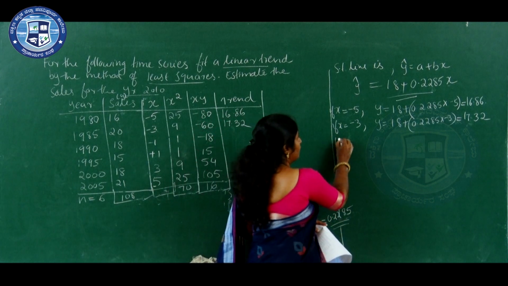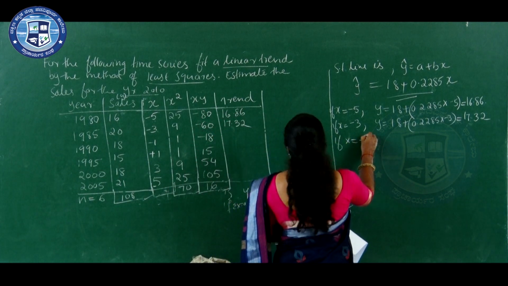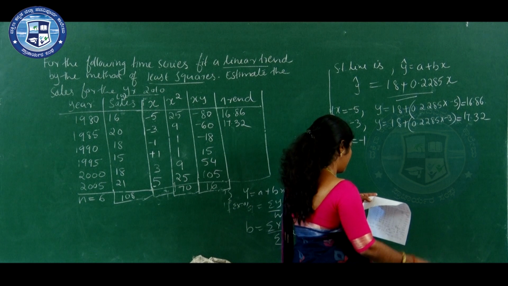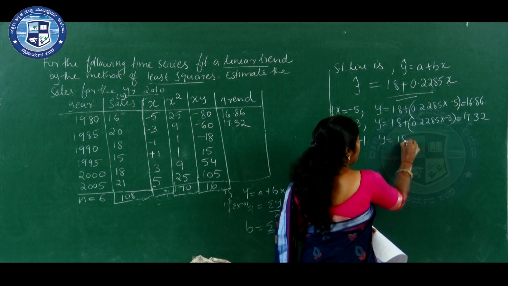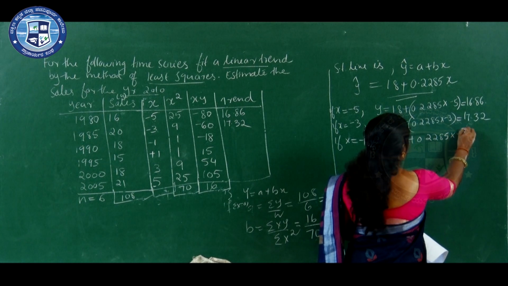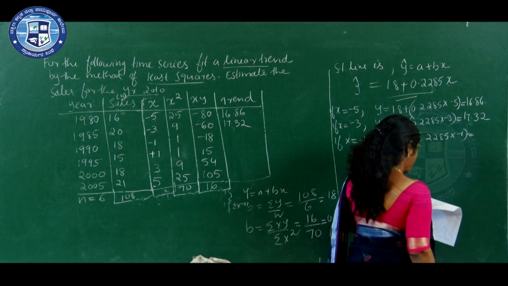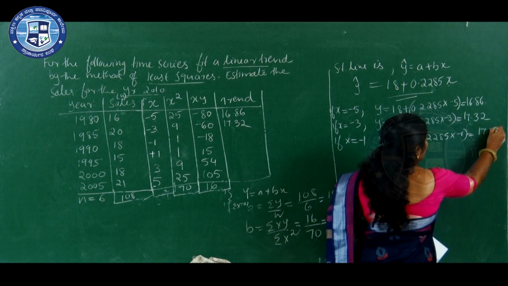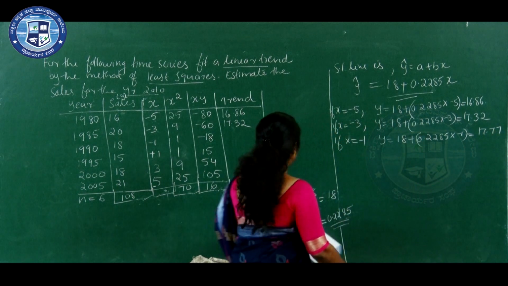Next, if x is equal to minus 1, y is equal to 18 plus 0.2285 into minus 1, that is 17.77.